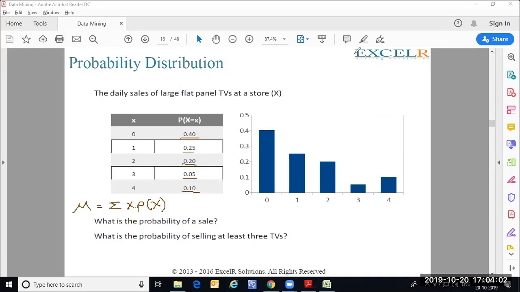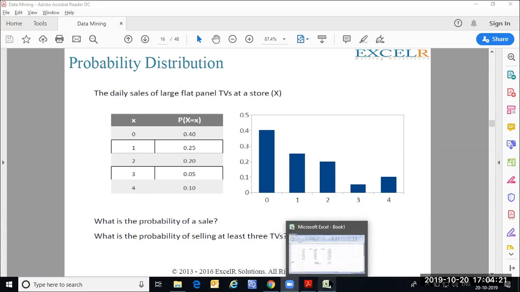If you repeat the same experimentation an infinite number of times, that's where this expected value is going to be the same as your mean, mu value. Let's see practically how it works.